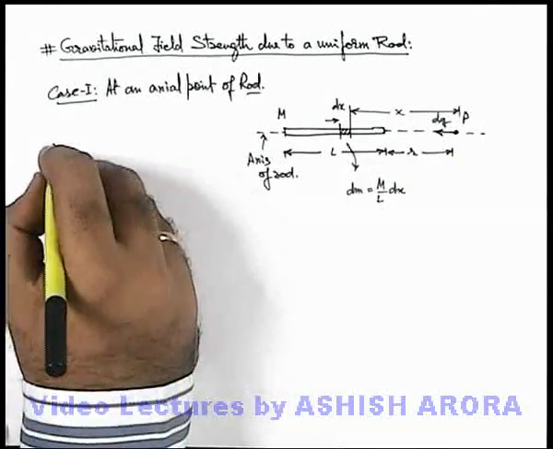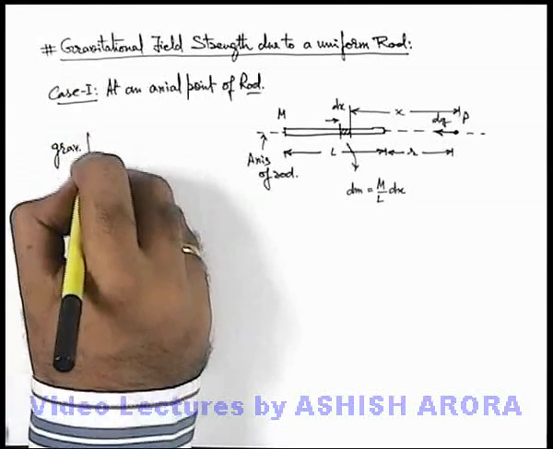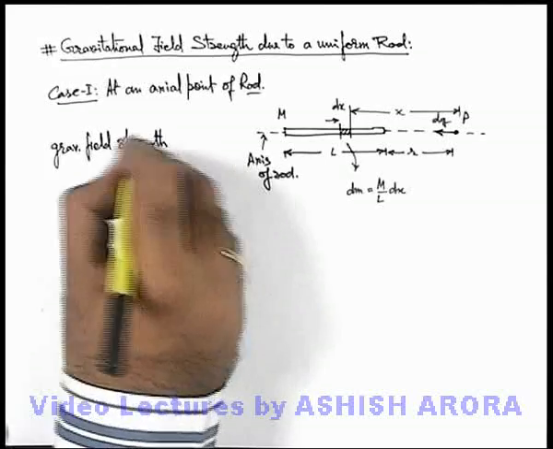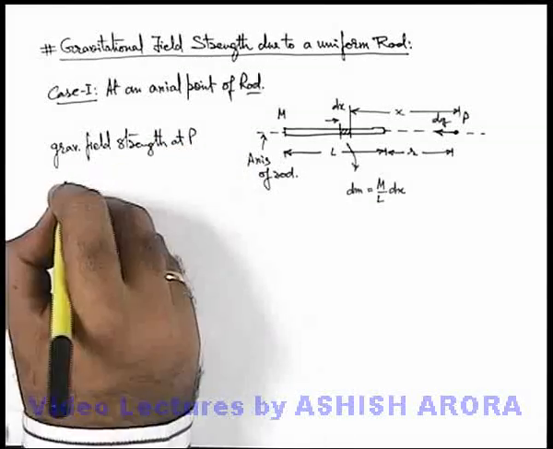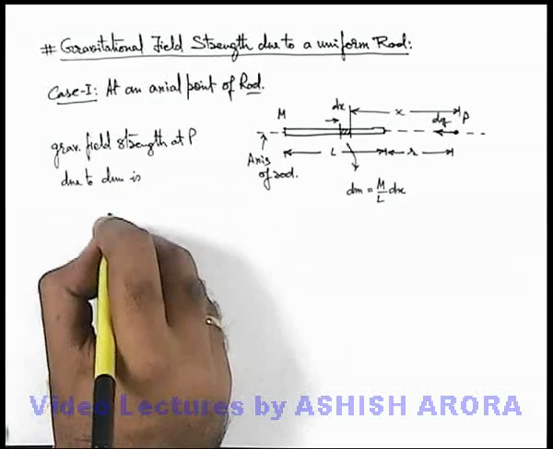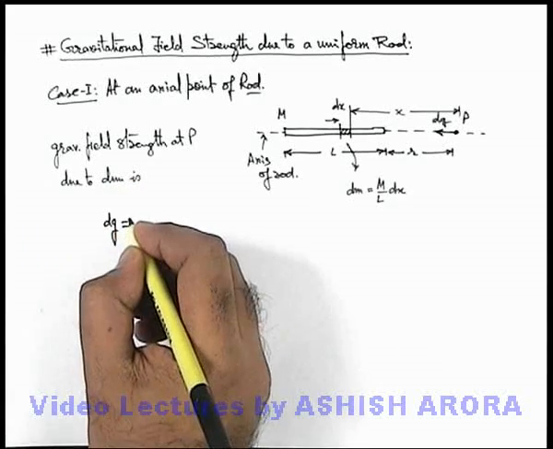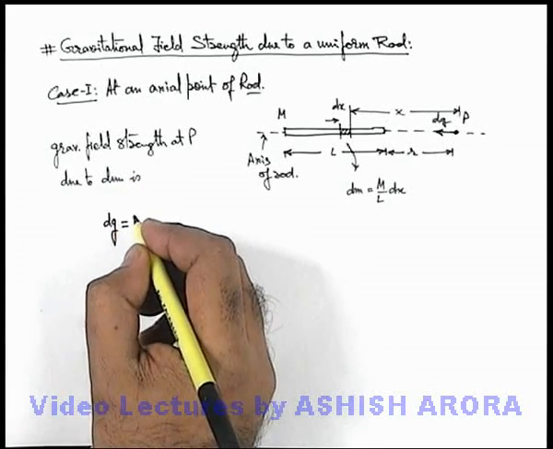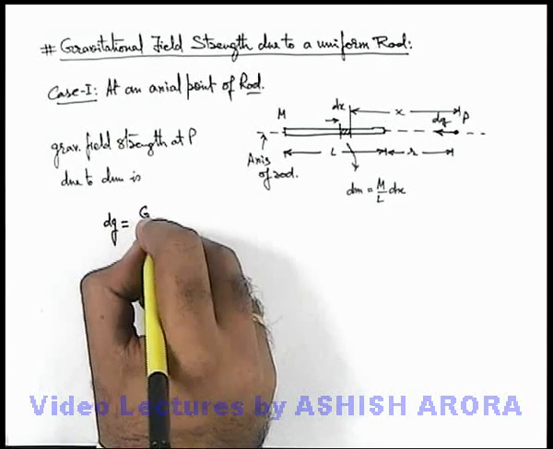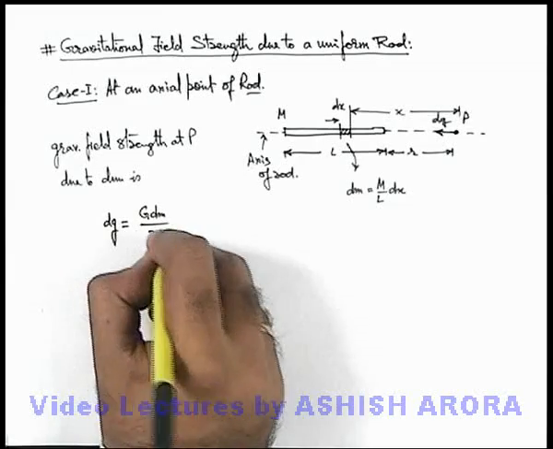Here we can write gravitational field strength at P due to dm, say it is dg, then dg can be directly written as we are having the relation of gravitational field due to a point mass. It is G dm by x square as magnitude.